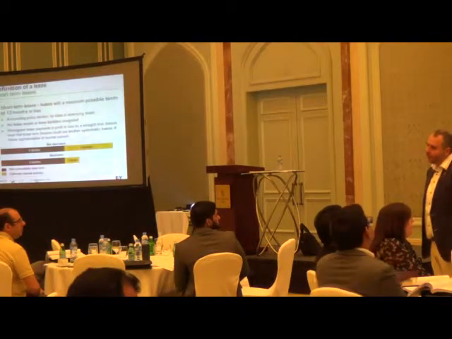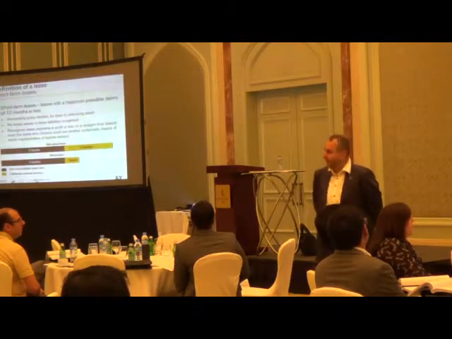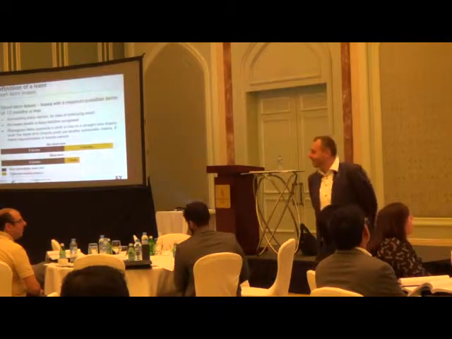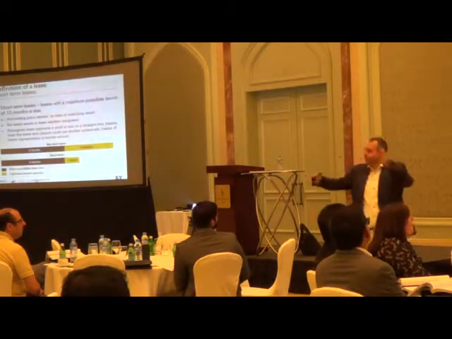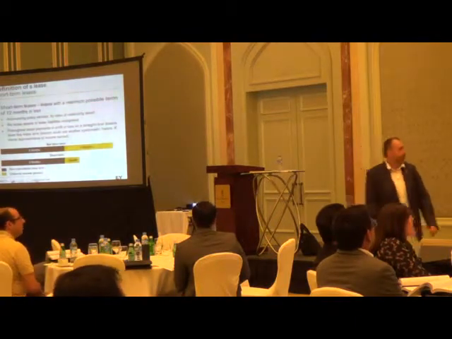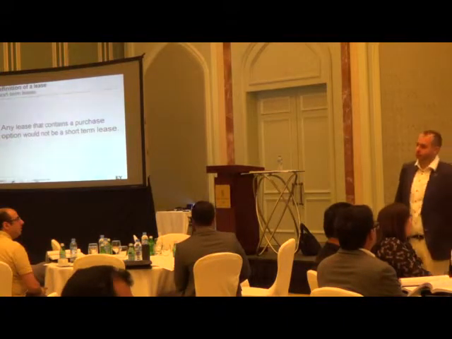The only thing that you need to take a look at is that an operating lease cannot exceed what? 12 months, and they are not called operating lease anymore, right? Why do they not call it operating lease? In order not to have a mix-up in the mind. So that's the first lease. Please remember, very strict rule.